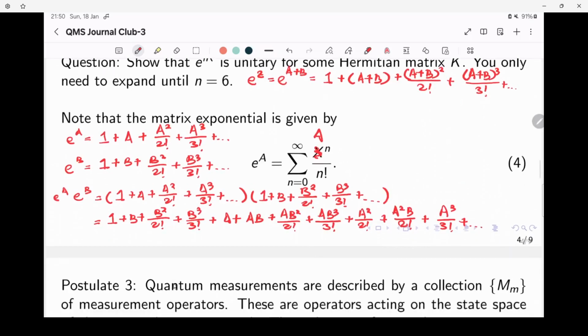So now you can collect all the terms. You get this.